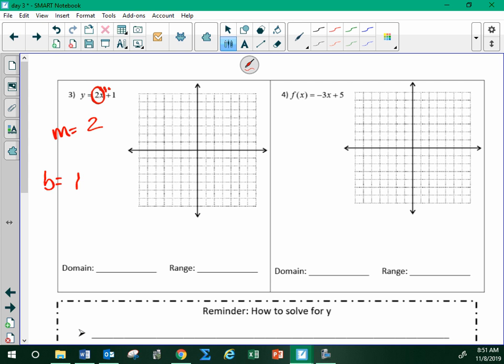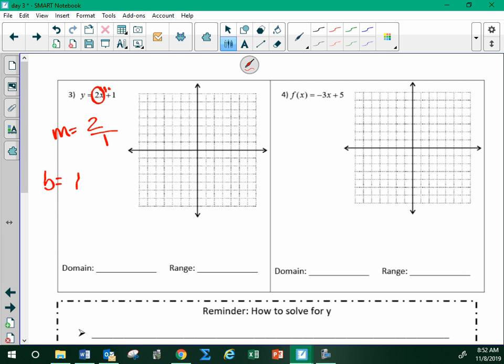1. Now, when my slope is just that nice whole number, we need to know how much we are going up or down, and how much we are going left or right. We want to make this into a fraction. How can I make 2 as a fraction? Over 1. Good. So 2 divided by 1 is just 2. Anytime you have a whole number where there's not a number underneath, you just put it over 1. And then we do the same process here.